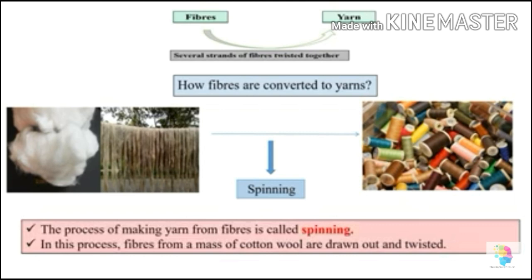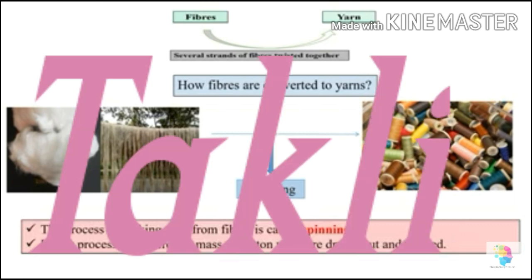This brings the fibers together to form yarn. To make clothes, yarn is most important. A hand spindle or takli has a notch at one end for catching the threads and a hole to make the spindle spin like a top.